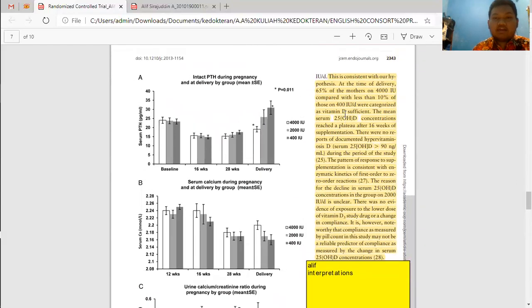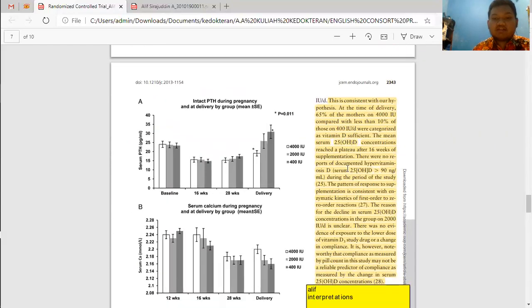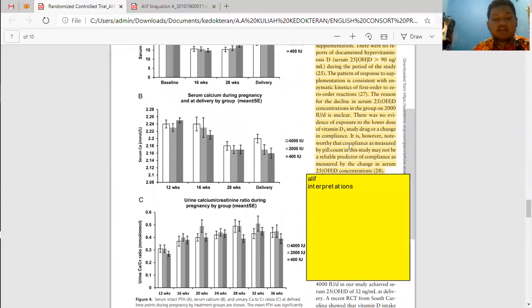In this part, discussion, this includes interpretation, which is item number 22. Interpretation means consistent with the results, balancing benefits and harms, and considering other relevant evidence.